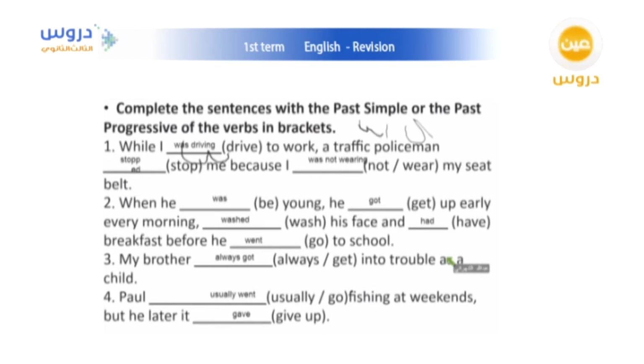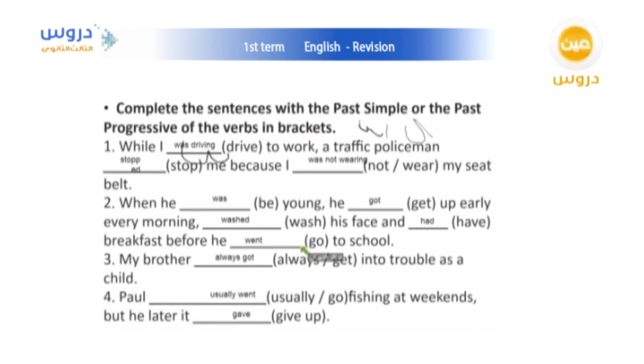In question 2, why did we put what? Got, number 2. Here because we are talking about the past simple. He got up early every morning and washed his face and had breakfast before he went to school.